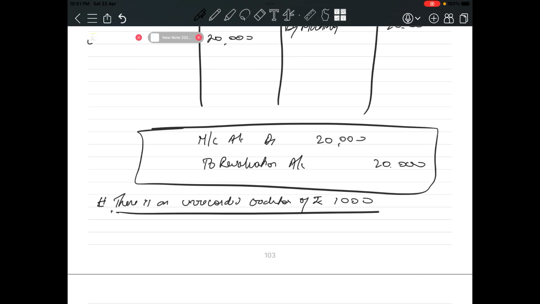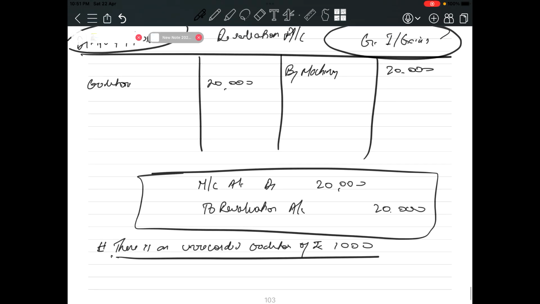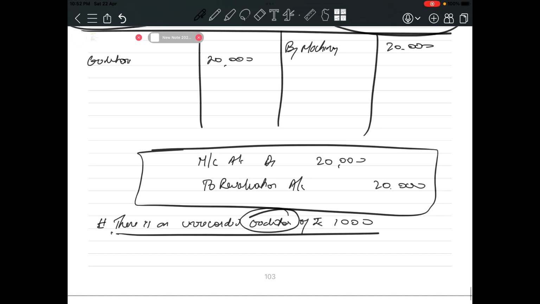Creditors is a liability. Unrecorded means there was one creditor from whom we had purchased on credit for 1,000 rupees, and we did not record this transaction in our books of accounts.